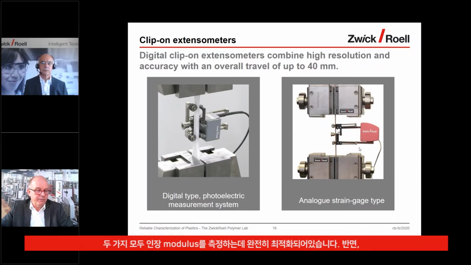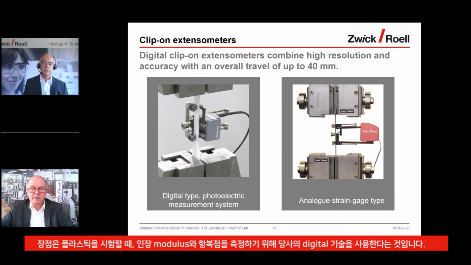So both are fully adapted to measure tensile modulus, but the digital version combines a very high resolution with a very long travel of up to 40 millimeters and more. The advantage is that these use our digital technology to measure both tensile modulus and the yield point in the case of testing plastics.